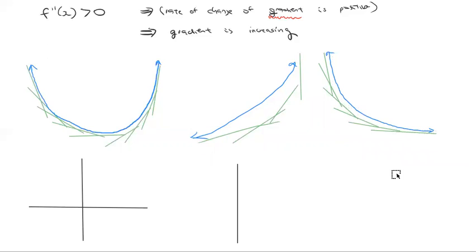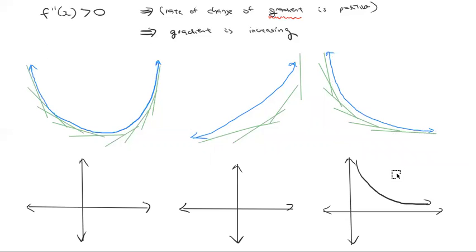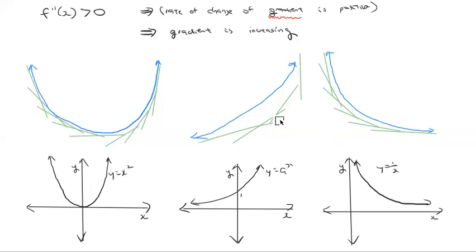This here might be an exponential function or similar. And this here might be just the right-hand side of a hyperbola. Can you see how these are all examples of those situations? Does that make sense? And all of these represent situations where the second derivative is positive.